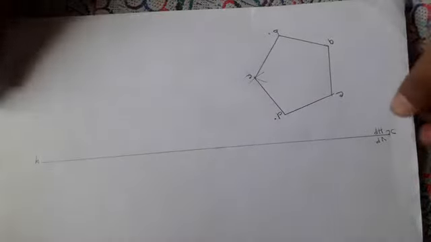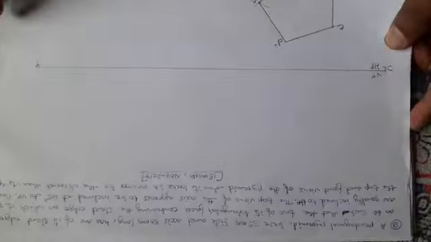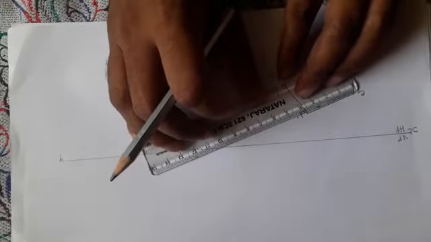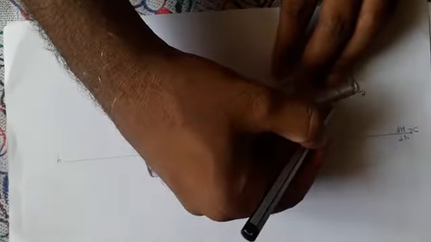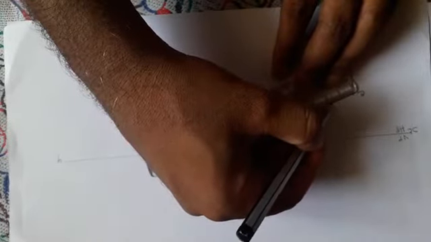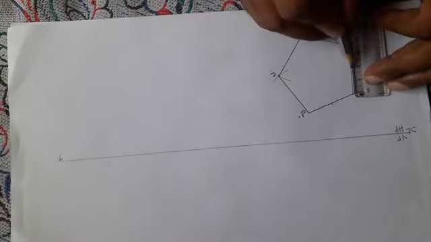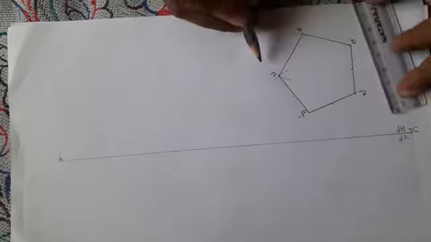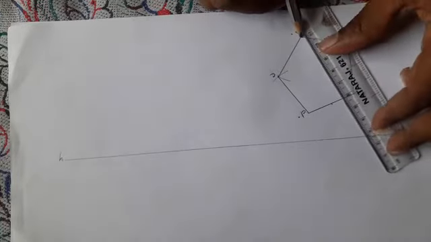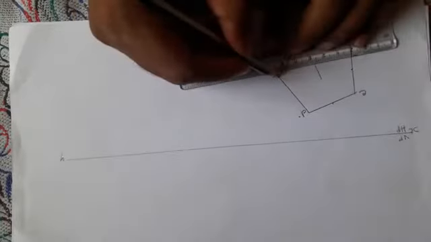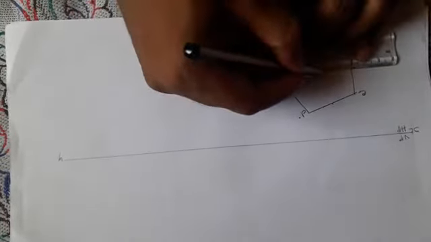Now I am going to make the center point of the pentagonal base. 35 is half means 17.5. From this side 17.5, from this corner to the center point, making a line. Similarly from this point to this point, making a center line.